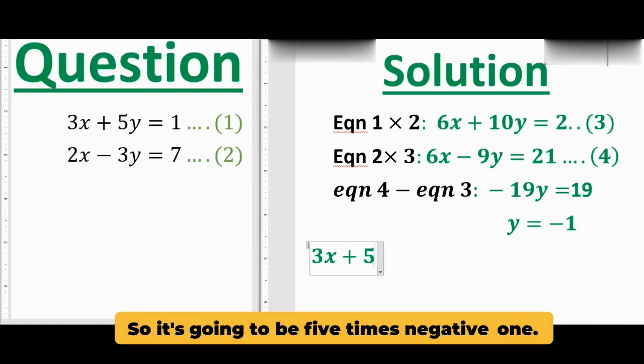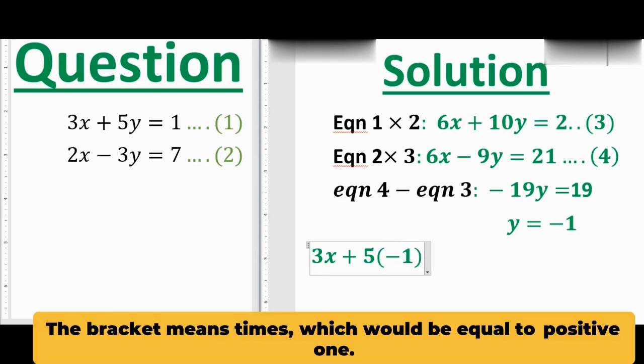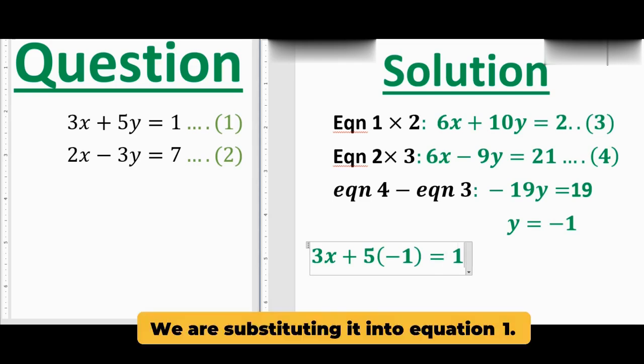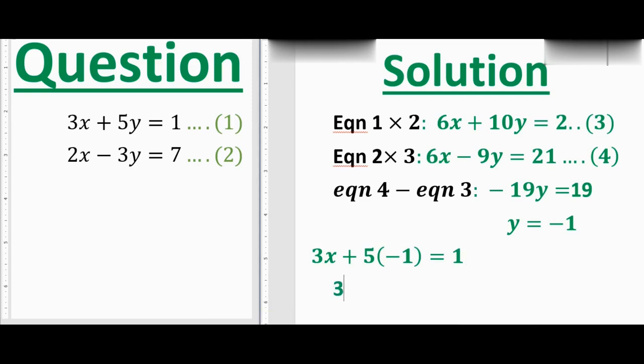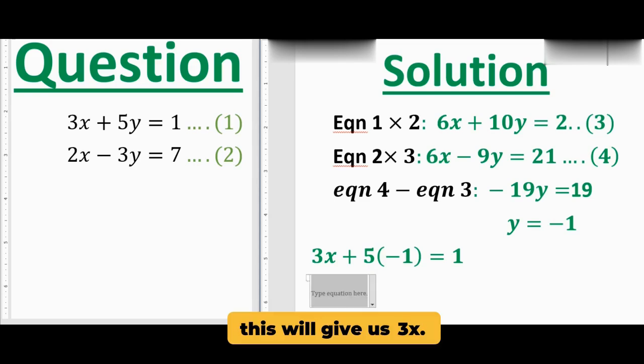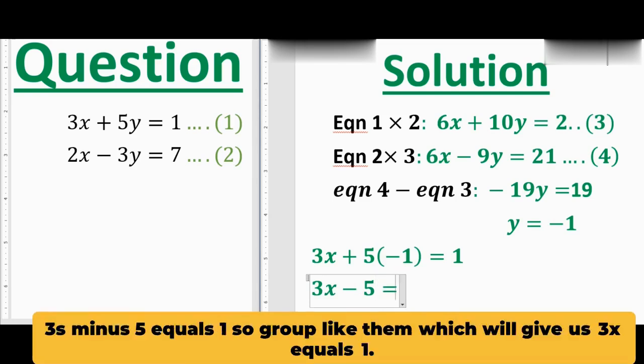So it's going to be 5 times negative 1. The bracket means times, which will be equal to negative 5. We are substituting it into equation 1. So this will give us 3x minus 5 equals 1.